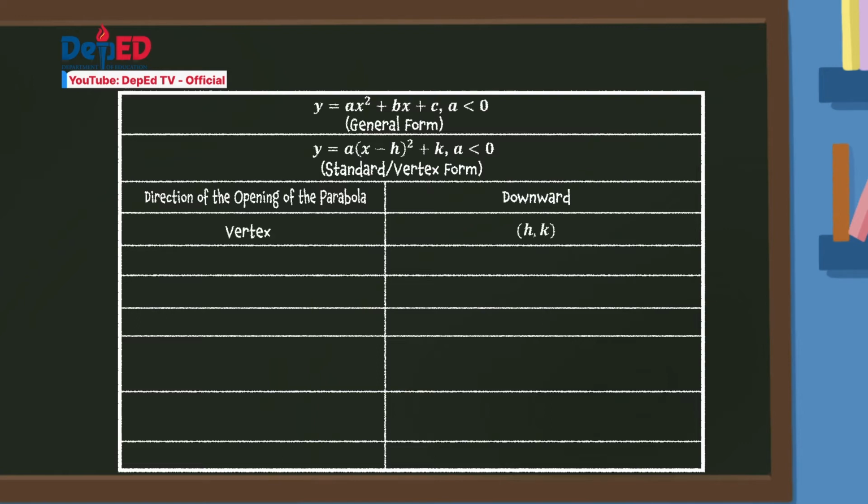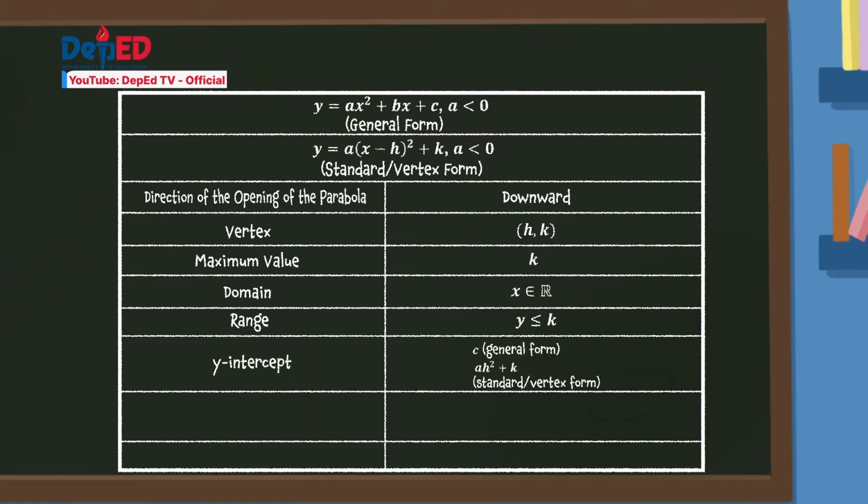Second, its vertex is described by the ordered pair (h, k). Third, the function has a maximum value which is equal to k. Fourth, its domain is the set of real numbers. Fifth, its range is the set of all y that is less than or equal to k.